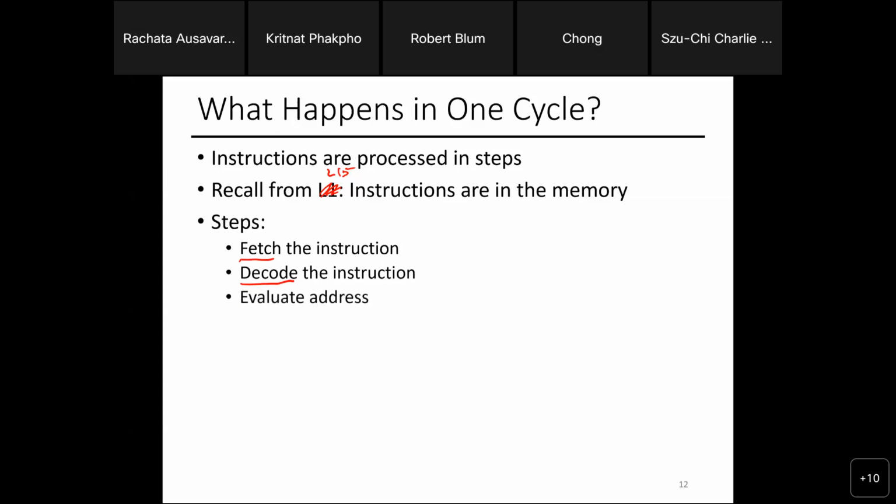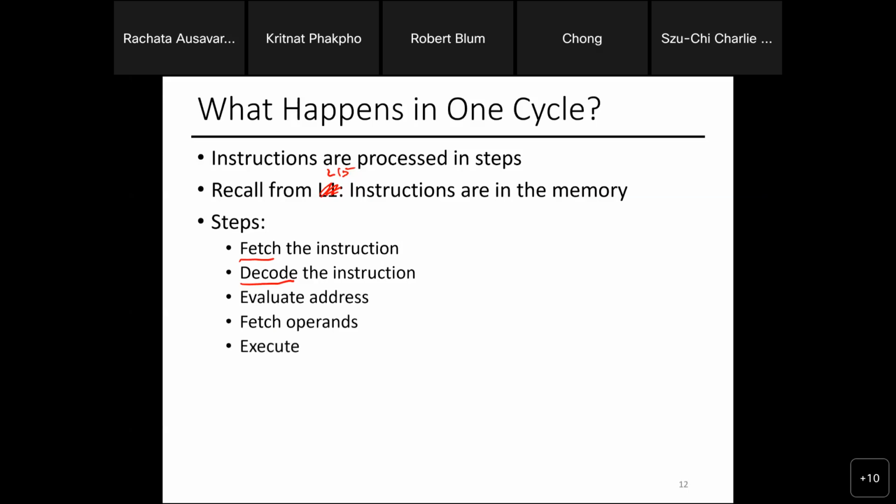The next step is, if I have to go to any addresses, for example, go to the memory to get my data, I would evaluate the address. Then gather all the operands. Let's say I have to add two numbers, I need to gather the inputs. This is basically preparing the input for my actual instruction.